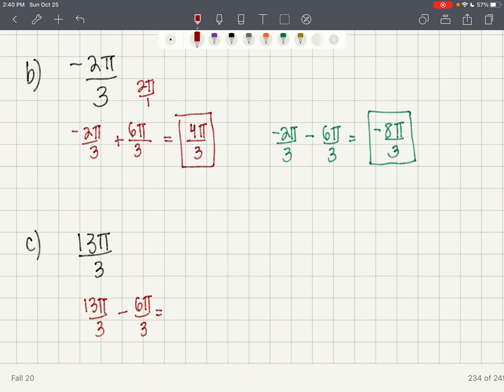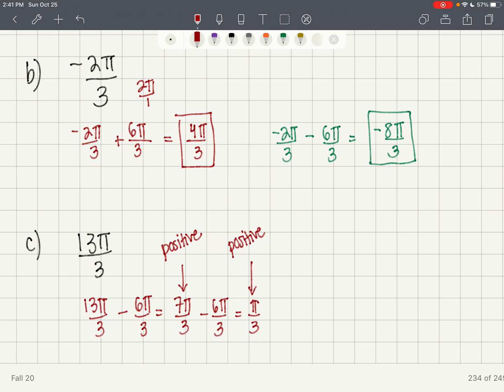That's going to give me 7 pi over 3, a positive coterminal angle. I could also subtract another 2 pi, which would give me pi over 3. That one is also a positive coterminal angle.